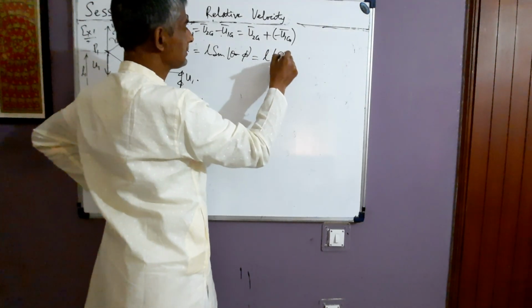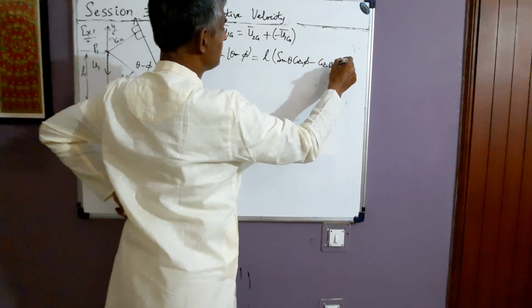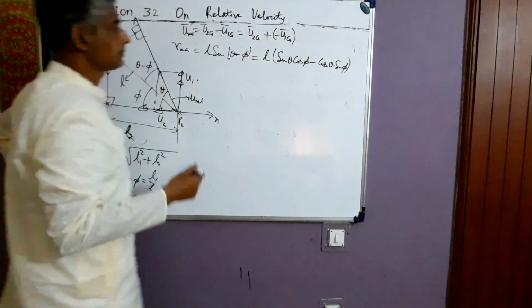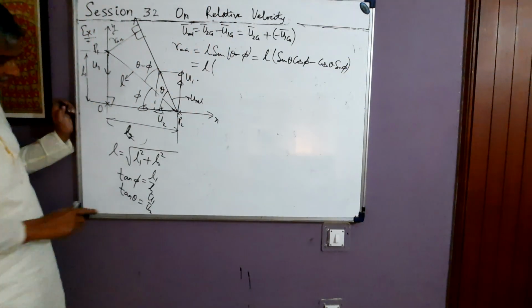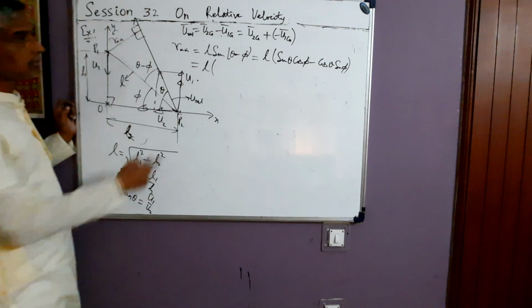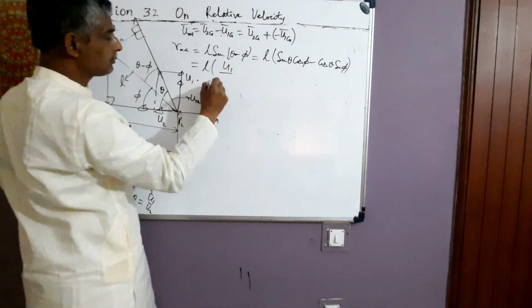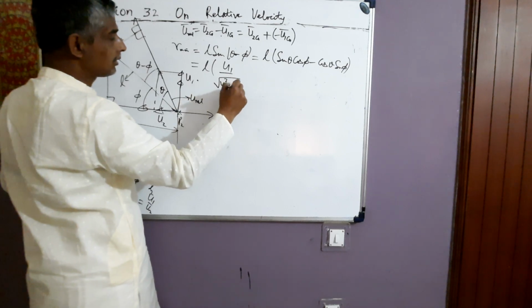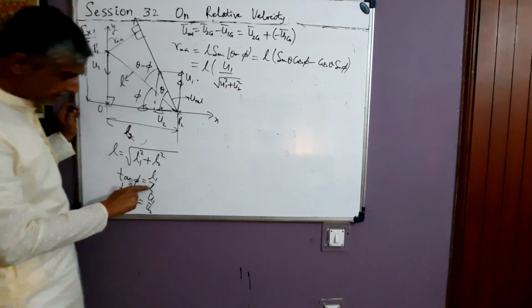So this we write as sin theta cos phi minus cos theta sin phi. Sin theta will be how much? Tan theta is this much. By trigonometry, sin theta will be u1 by root under u1 square plus u2 square, into cos phi. Tan phi is this much.